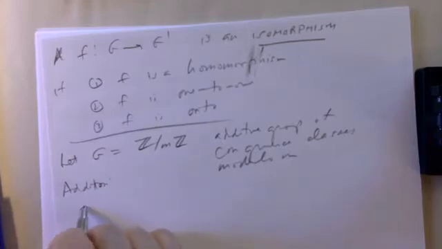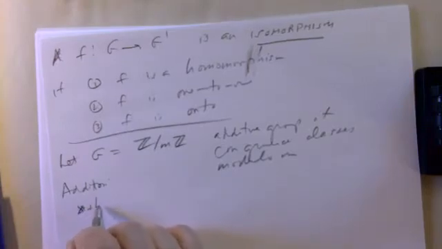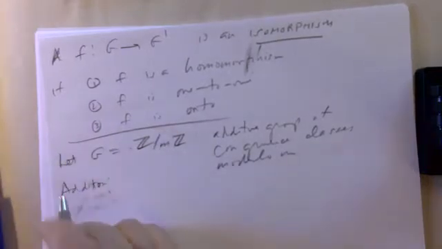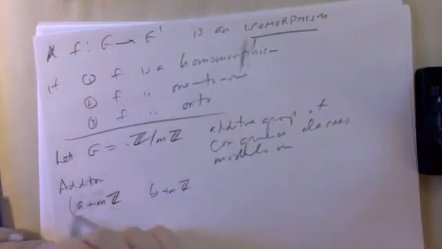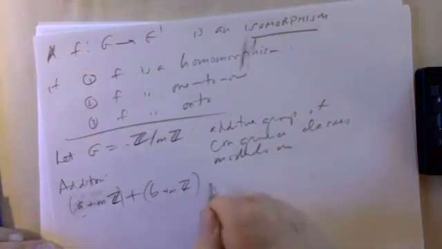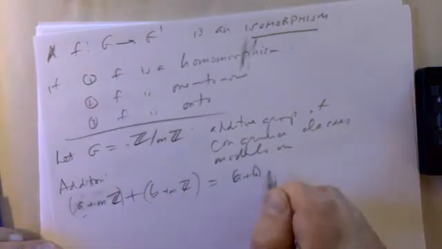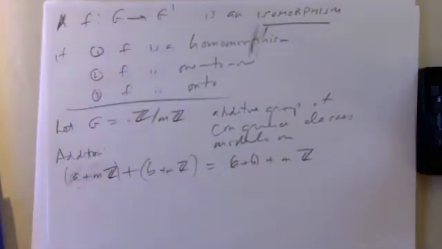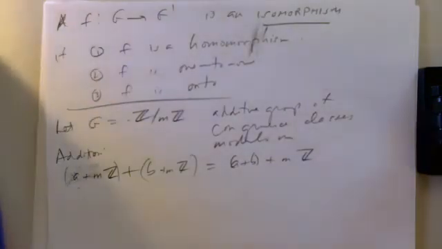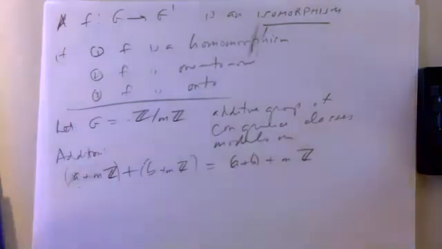Well, we know addition of congruence classes. Say a plus mZ, that's a congruence class, b plus mZ, that's a congruence class, and you add them and you get the congruence class of a plus b plus mZ. So that is addition in the group of congruence classes modulo m.